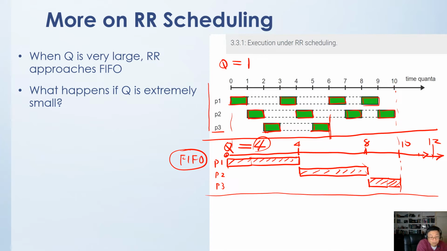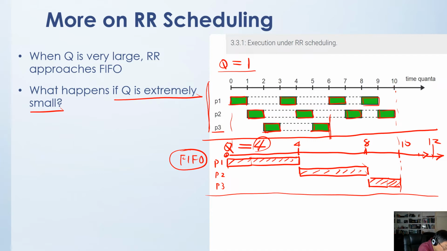In general, making Q smaller will still work. Now, what happens if Q is extremely small? Before we discuss this, let's take a look at this example again when Q is 1.